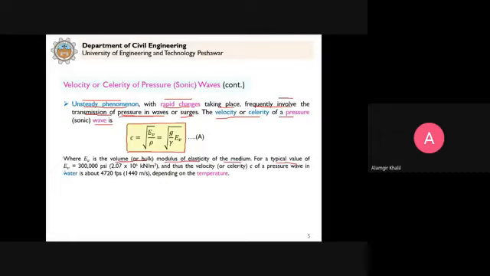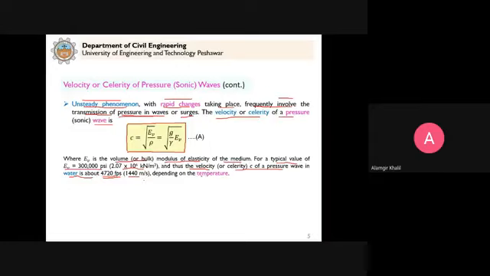For a typical value of EV of 300,000 psi, or this value in kilonewton per square meter, the celerity of a pressure wave in water is about 4,720 foot per second. It means that in water, if you generate a pressure wave, it will travel with a velocity of 4,720 foot per second, or 1440 meter per second.